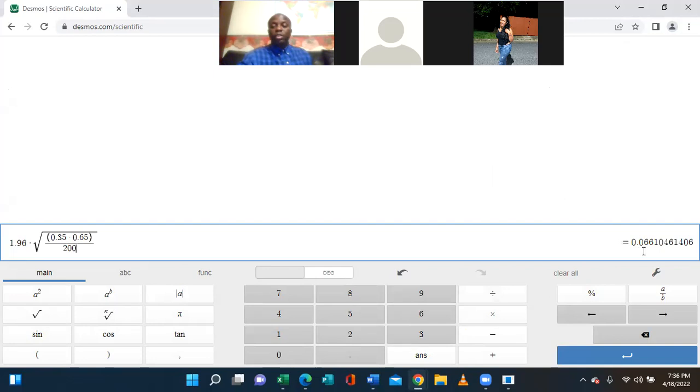That gives us 0.066 as our error margin.